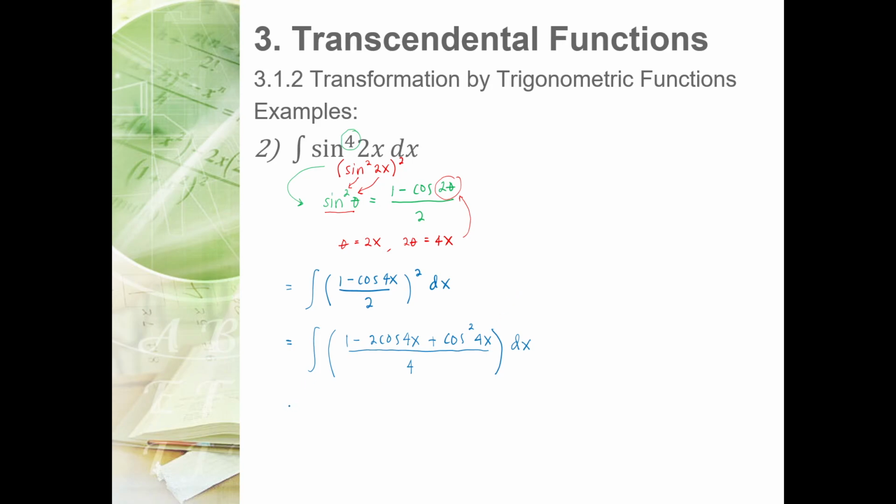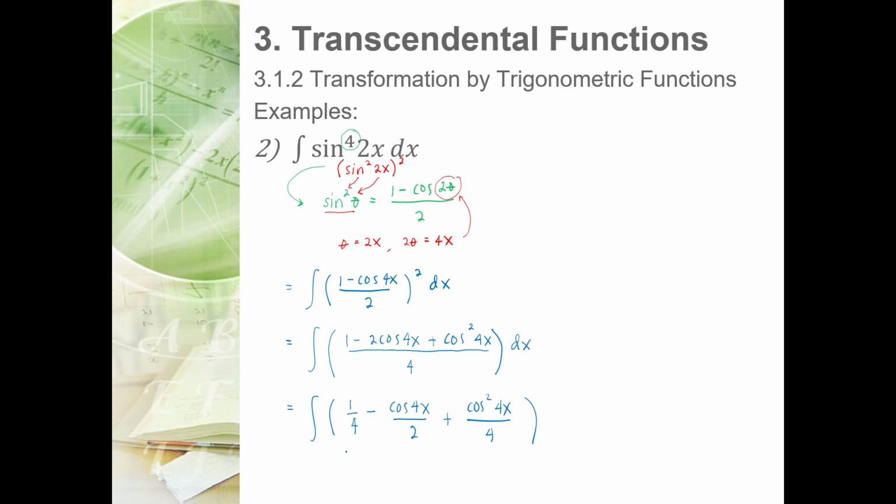So if you separate the terms, the fractions, you're going to have 1/4, then minus 2 over 4, that would be 1/2. So we have cosine 4x all over 2, and then plus cosine squared 4x all over 4. So notice that the first two terms can be integrated because these are just simple equations now.